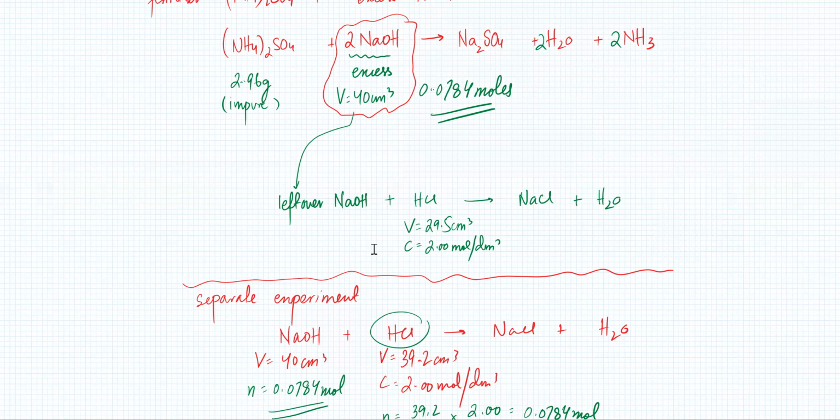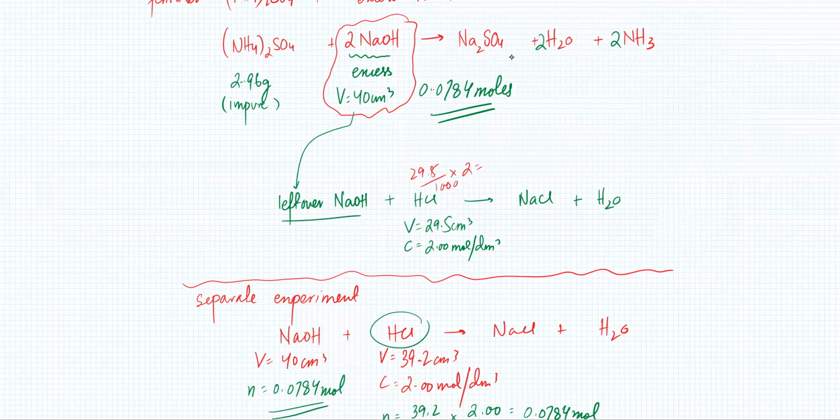Anyways, then he's going to ask you to find out the leftover NaOH. This first reaction happened, excess NaOH was added, some of the NaOH was left over, and that was reacted with HCl. So you can find that out by finding the HCl moles. So 29.5 divided by 1000 into 2.